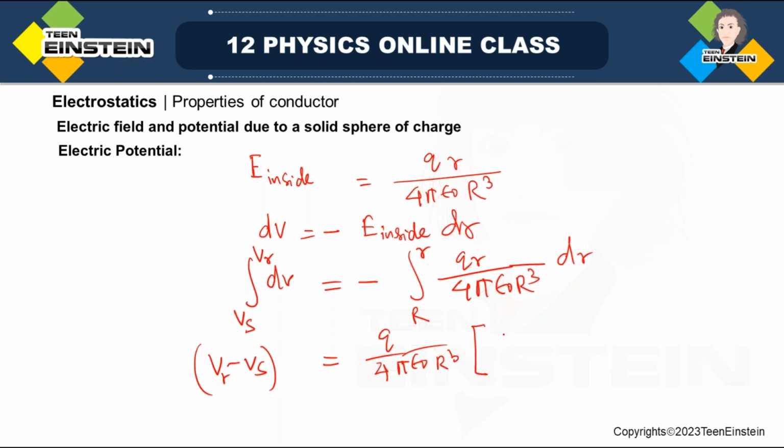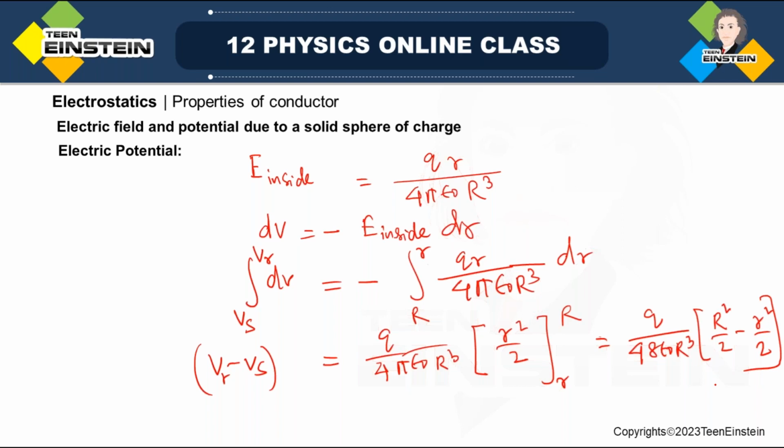Here it will be r square by 2, and the limit will be small r to capital R. So what I can write is Q by 4 pi epsilon naught R cube, capital R square by 2 minus small r square by 2.